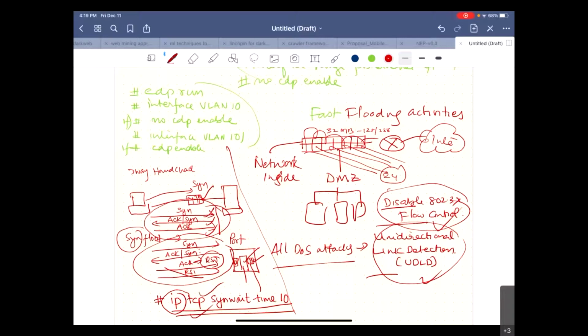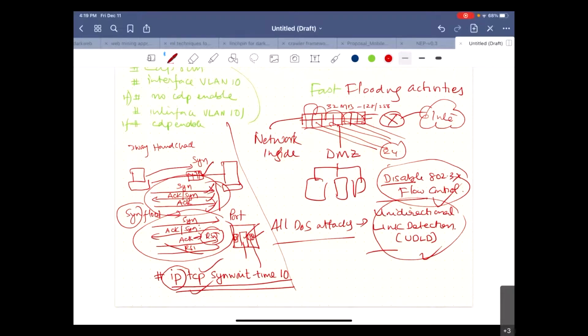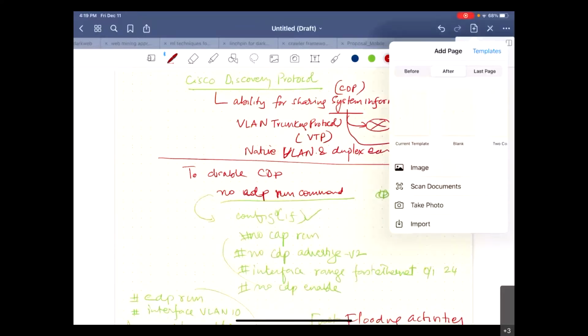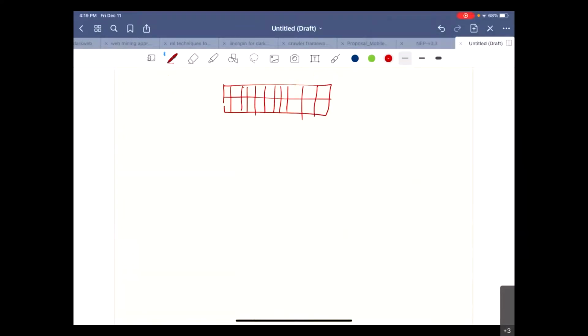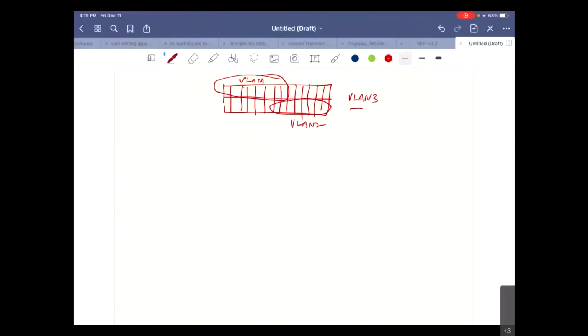I can configure that. Cisco switches use VLAN 1 as the default VLAN, assigned to ports 1, 2, 3, 4, 5, 6, 7, 8.